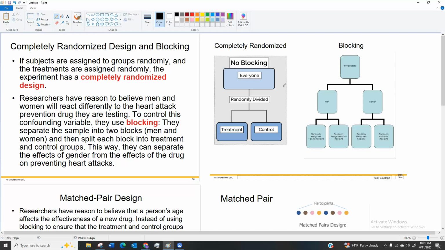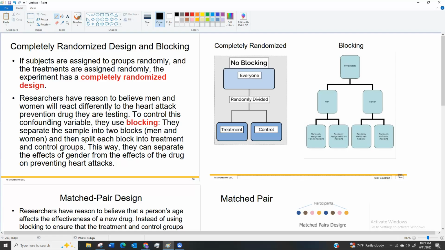There's no blocking. Now, sometimes you have something that you think is going to affect the research, and you'd like to block those participants out into a block before you split them. In this case, say researchers have a reason to believe men and women will react differently to a heart attack prevention drug.